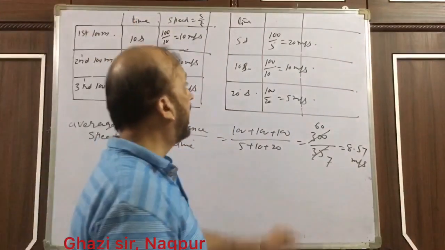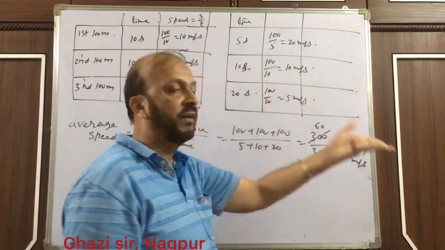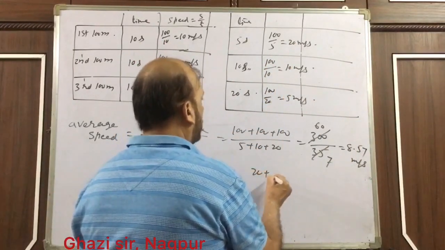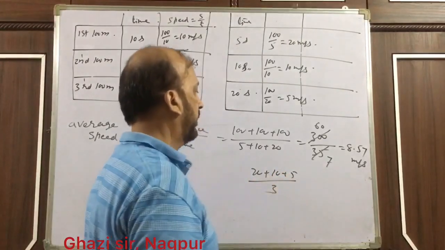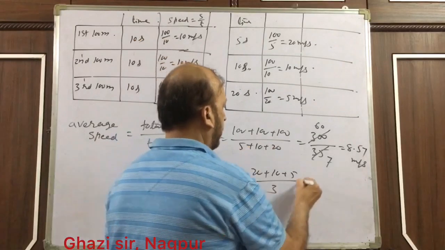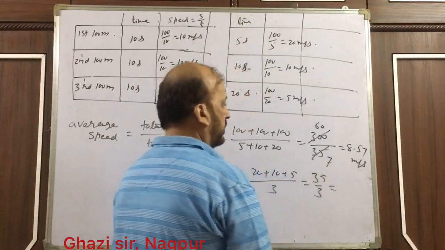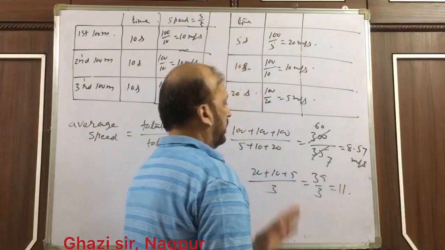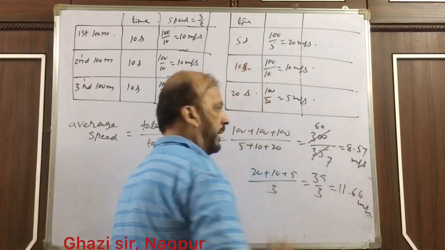Don't find the average of these three. If you find the average of all three, the result will be different. 20 plus 10 plus 5 upon 3. This is 35 upon 3, that is equal to 11.66 meter per second.